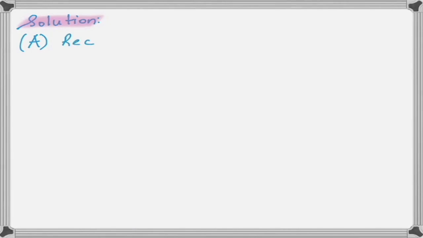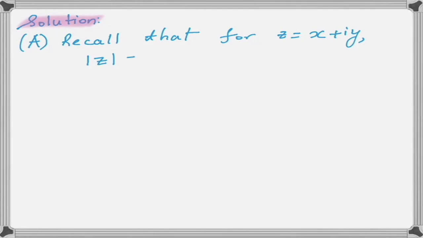Recall that for a complex number z equal to x plus iy, the absolute value of the complex number is the positive square root of x squared plus y squared. We will solve this problem geometrically. For this, I will recall what is known as the Argand diagram.